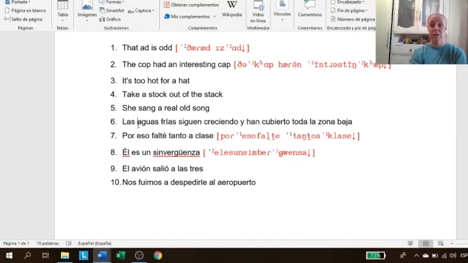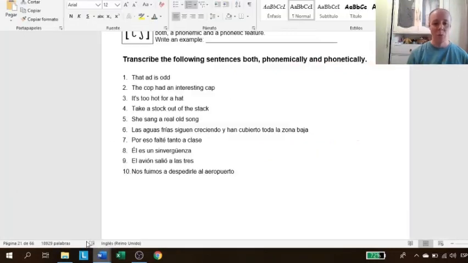This is the end of transcriptions. If you know how to transcribe by using suprasegmental features, then you can say that you have learned phonetics and phonology, because this is the ultimate test to see if you know them or not.